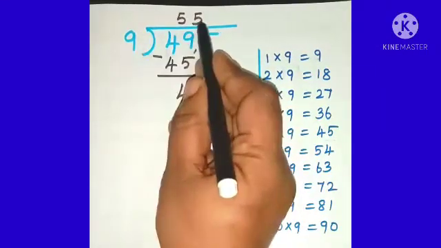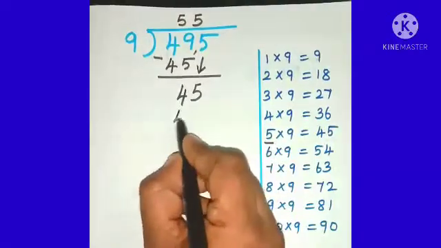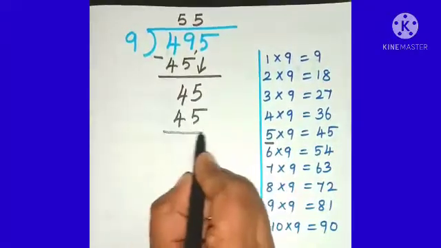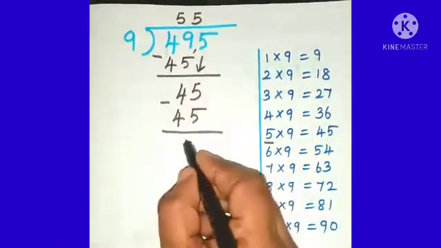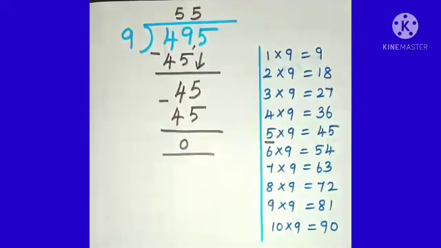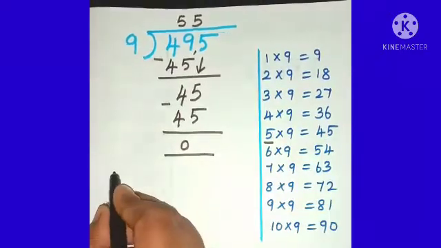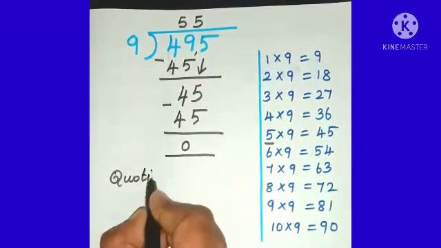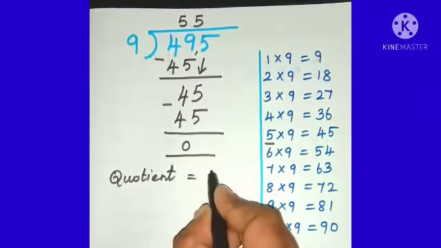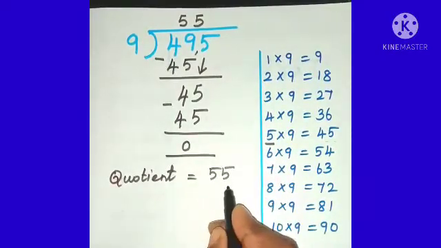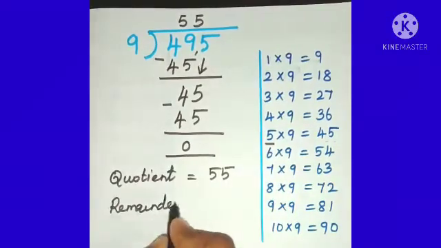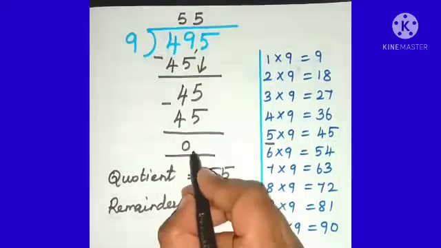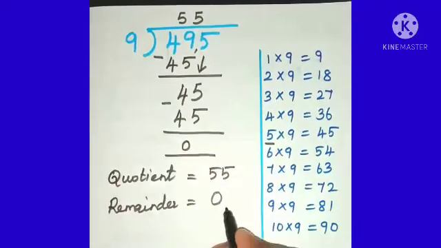Multiplication occurs. 5 nines are 45. And take the difference. 45 minus 45 is 0. Thus, the quotient of this division is 55, which is the required answer. And the remainder in this problem is 0.